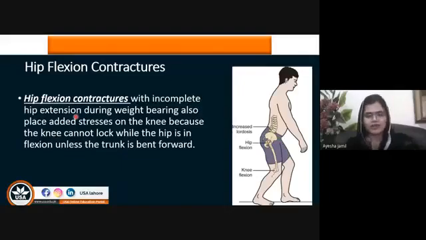So it will set the knee joint into flexion in order to maintain its normal length tension relationship. So in an individual with hip flexion contracture, there will be resulting knee flexion as well.